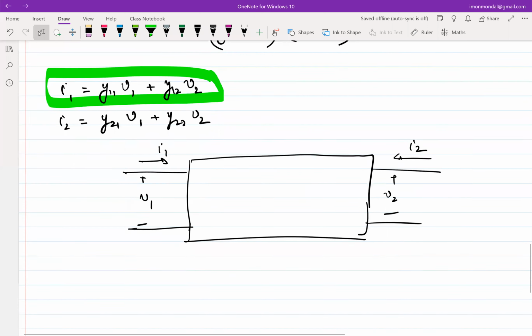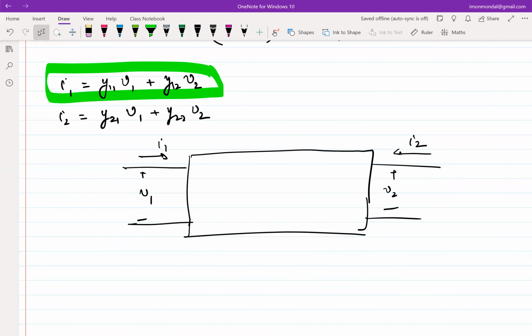Let's limit ourselves to Y parameters being real and positive. So in that case, the relationship between I1 and V1 is that of a resistor, and the value of the resistor is 1 over Y11, or in other words, it's a conductance of value Y11. So this becomes Y11, right? So what is that second term telling you? What is this term telling you?